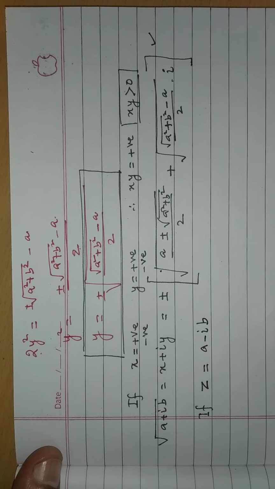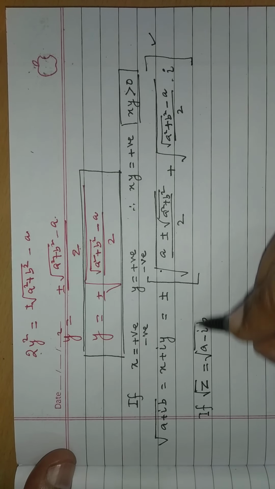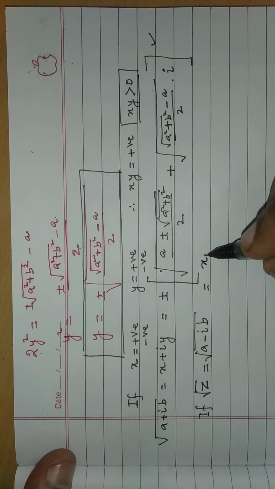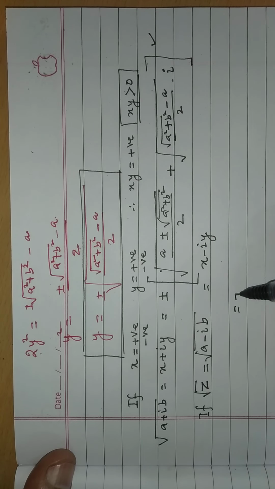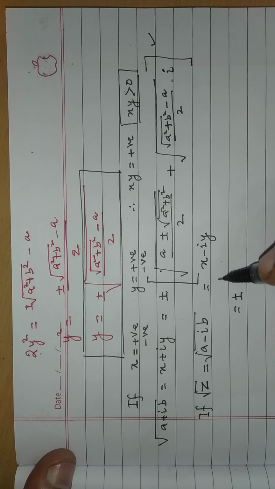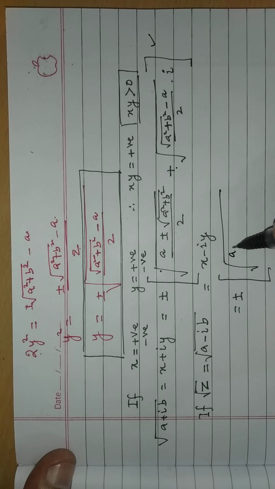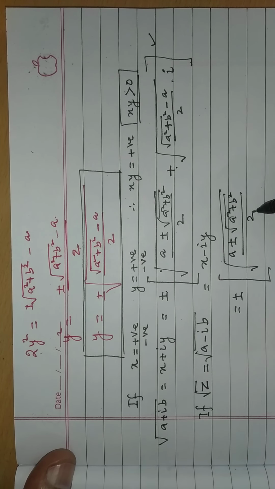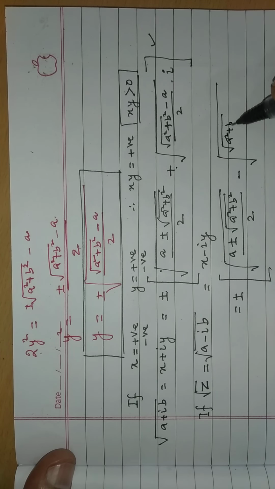Then to find the square root of z, you will take x minus iy, with plus minus written as it is, and here you just put a negative sign: plus minus root under (root under a square plus b square, plus a) divided by 2, minus root under (root under a square plus b square, minus a) divided by 2 into iota.